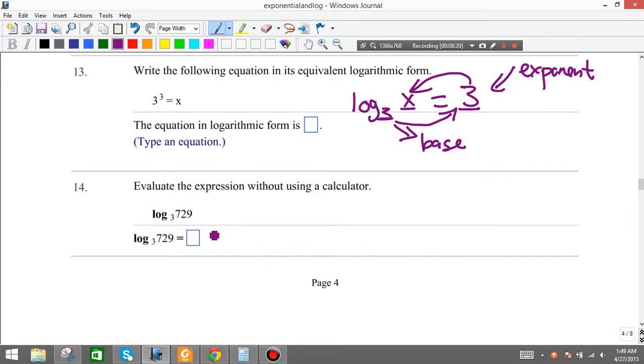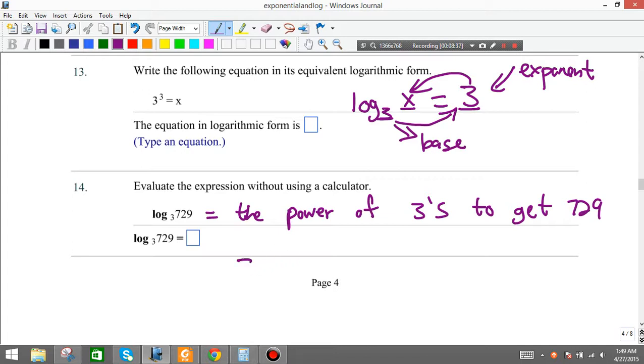Next, we want to know what this number is, and all this is the power of 3's to get 729.